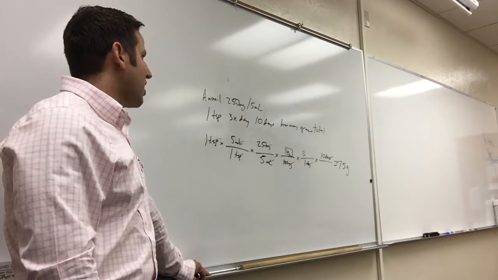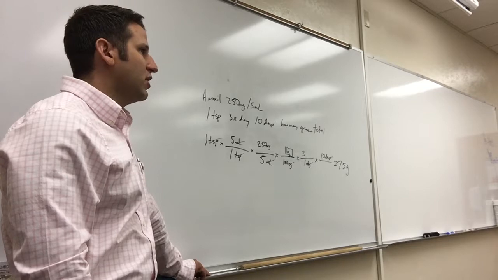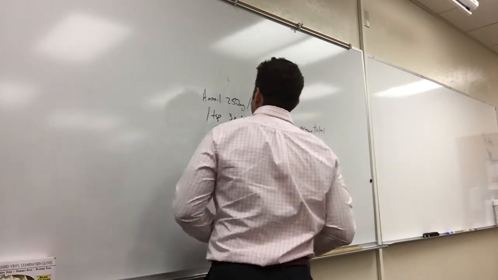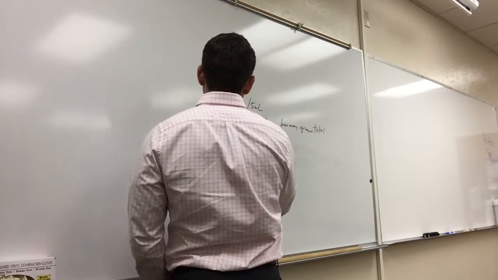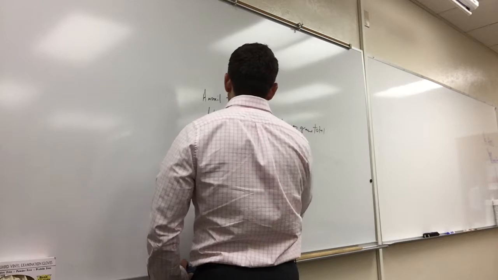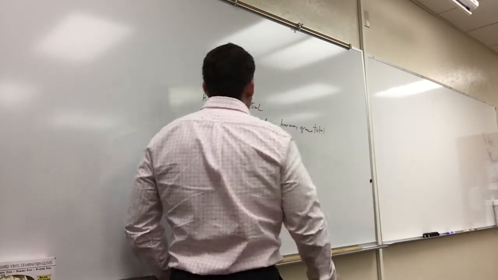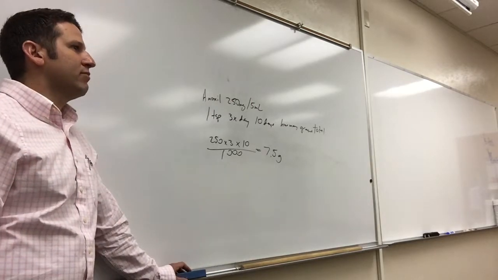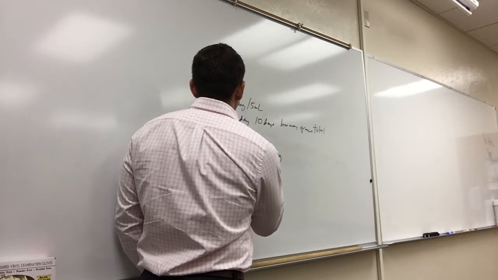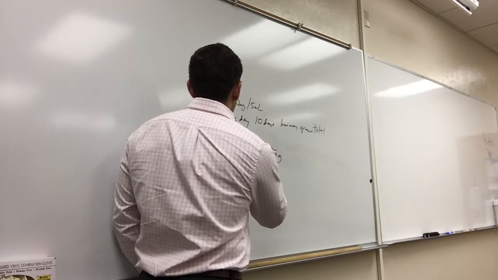That would be dimensional analysis. Did you do a combination of both? Will you accept that? Either or, yeah. If you just did 250 times 3 times 10, that's right.